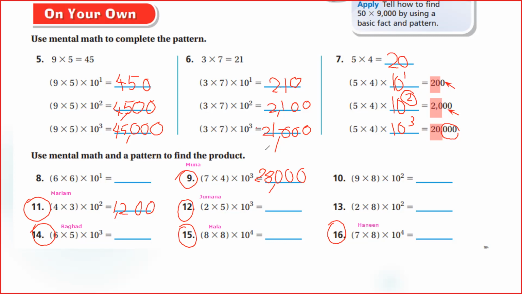Now number 12 with Jumana. Where's Jumana? Yes, Jumana. Here, 10 to the power of 3. So how many zeros should you add? Faster, please. How many zeros? Three zeros. Bravo. And then 2 times 5.